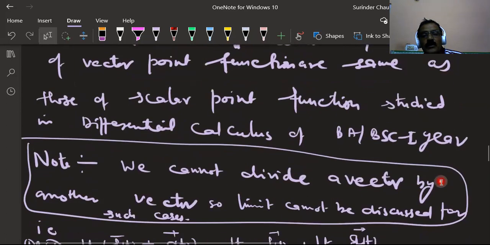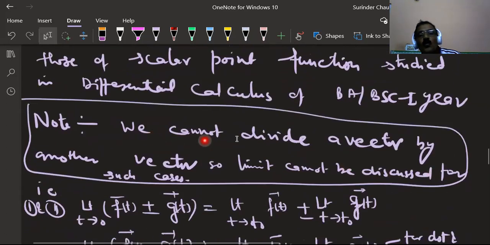We cannot divide a vector by another vector, so division in the vector field is not possible, and the limit of a quotient cannot be discussed.